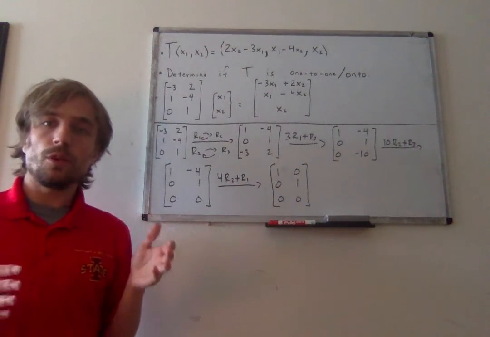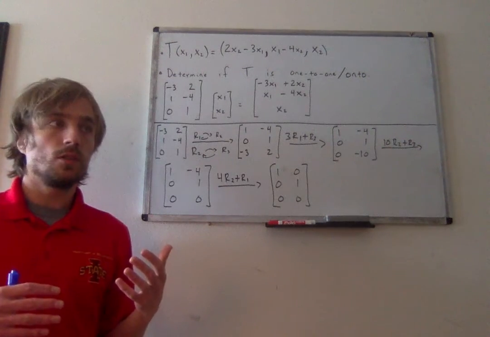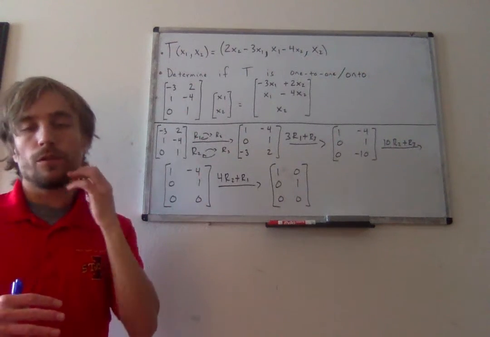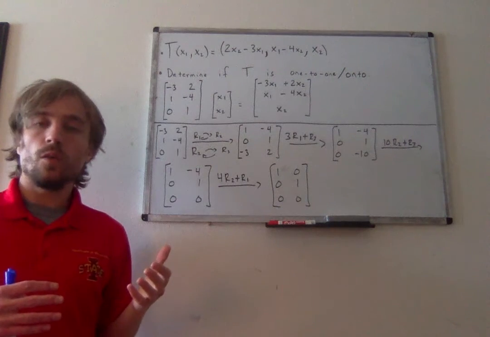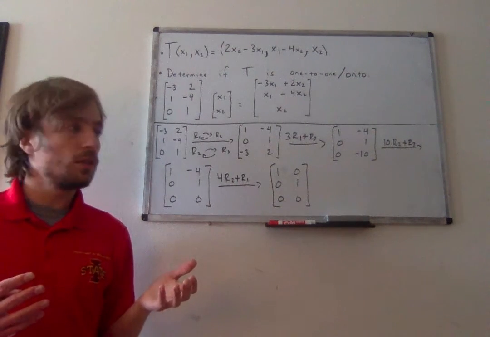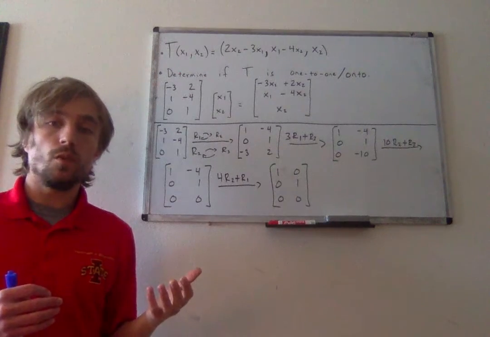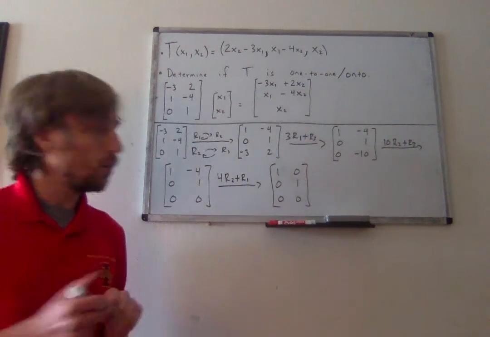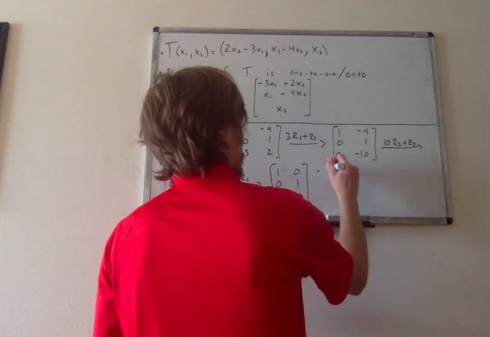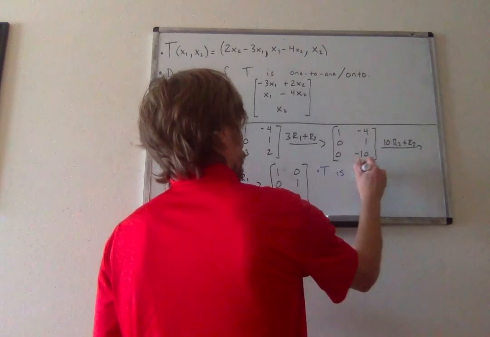Remember, how do we determine if a matrix is one-to-one, or in this case, if the linear transformation is one-to-one? We ask, do we have any free variables? Specifically, is there a variable which does not correspond to a leading one? The answer is no. So T is one-to-one.